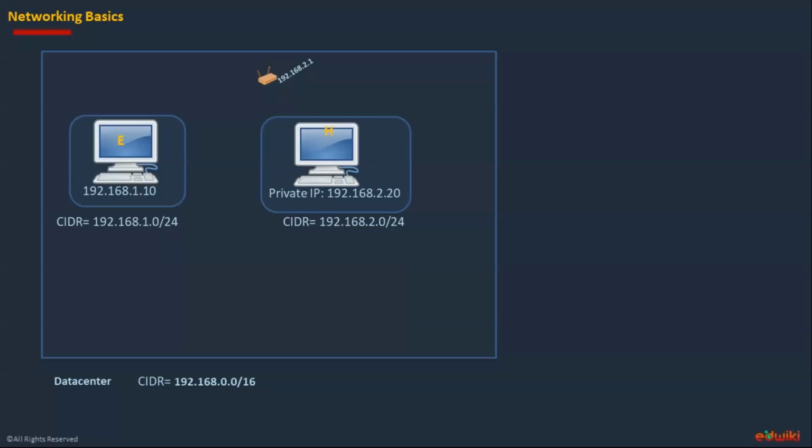Even the gateway will have an IP address, guys. Even the gateway is also kind of a server, right? So your gateway is also a kind of server, which also has an IP address for identification. So you need to keep a gateway and connect the gateway to your servers like this.